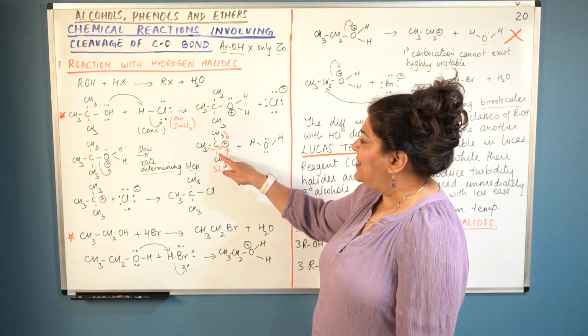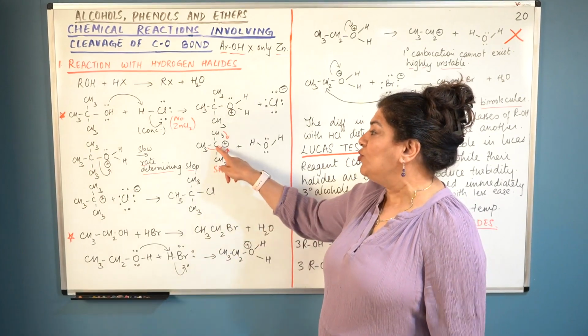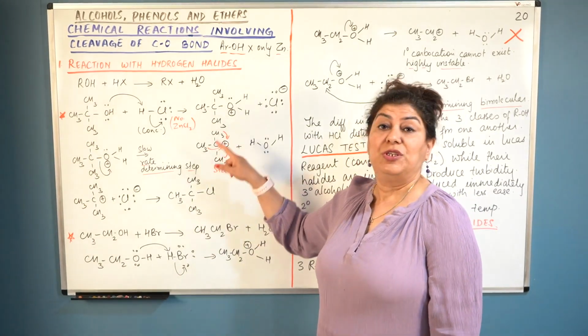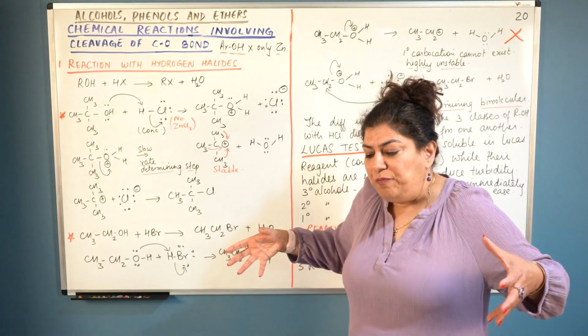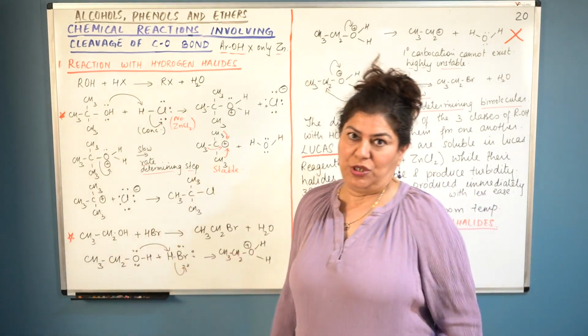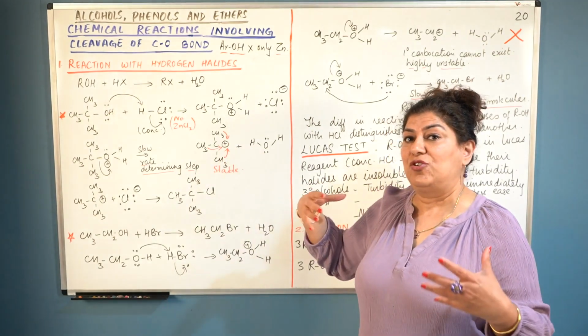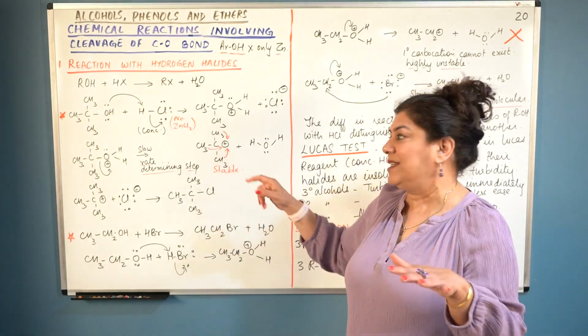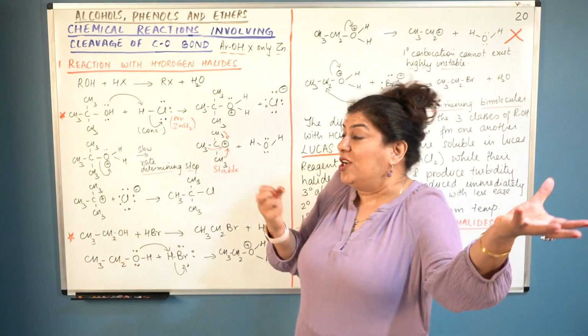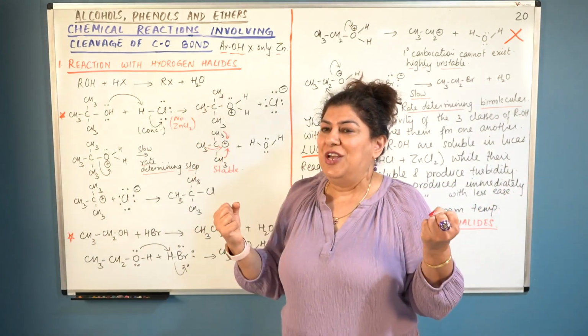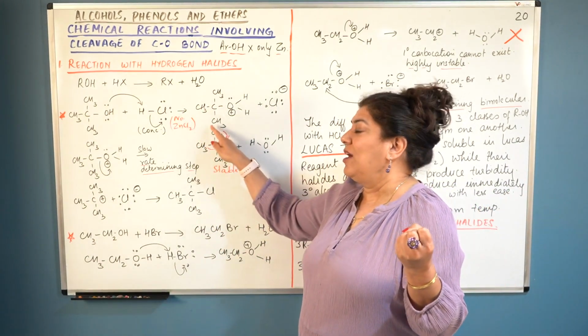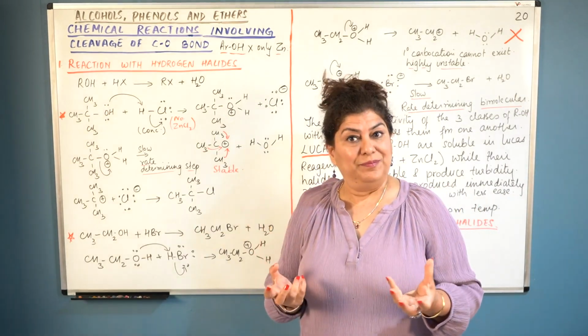So all of these push their electrons towards this carbon because it is positively charged. So they push electrons towards the positive charge. And thereby the need of electrons for this carbon decreases because it is getting the negative charge from the 3 methyl groups. So this carbocation is stable.